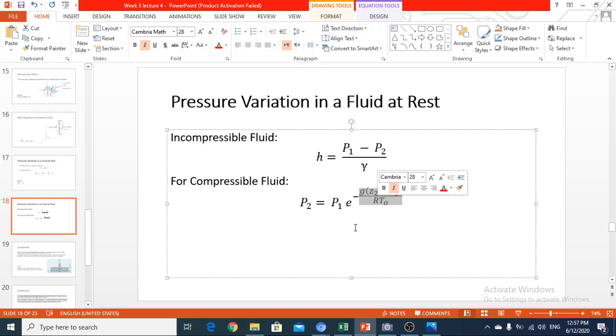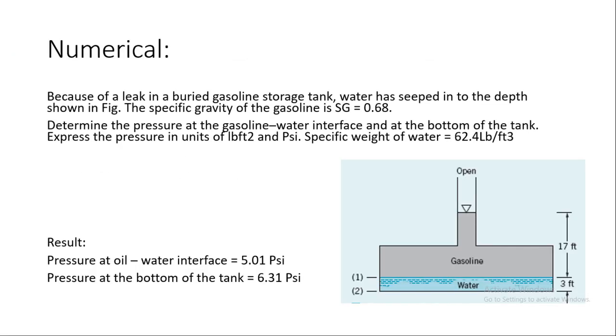So I did not write the molecular weight here, but this R is not the R of the general gas equation. Actually this R is equals to the general gas constant divided by the molecular weight of the gas. Then we have this numerical, which is very simple.